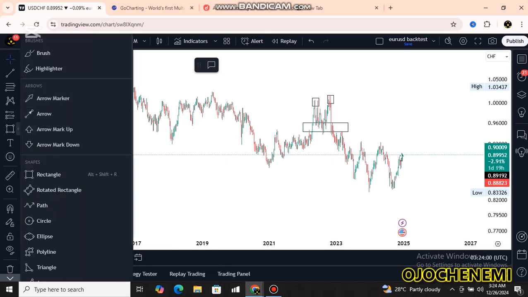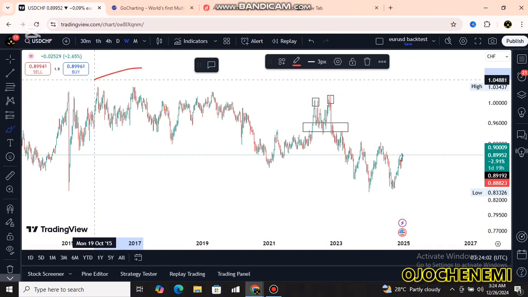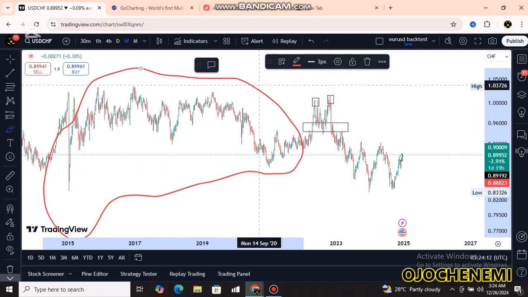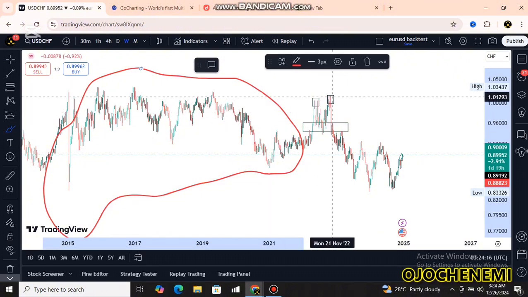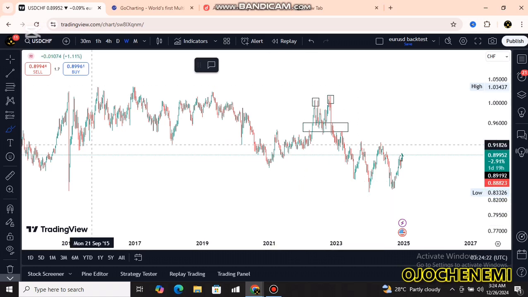Let me take the brush. So after all the ups and downs and sideways movement, after doing all these things, what happened here is that the market comes here to make a double top.